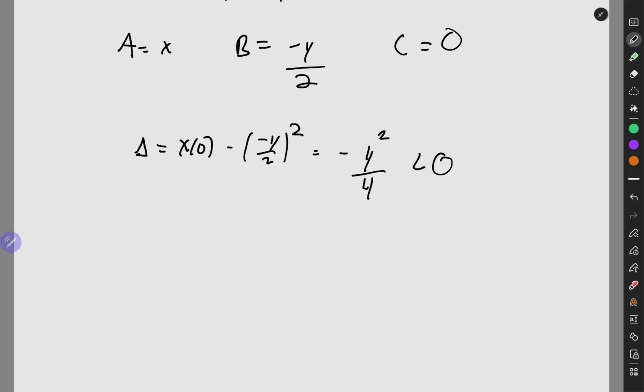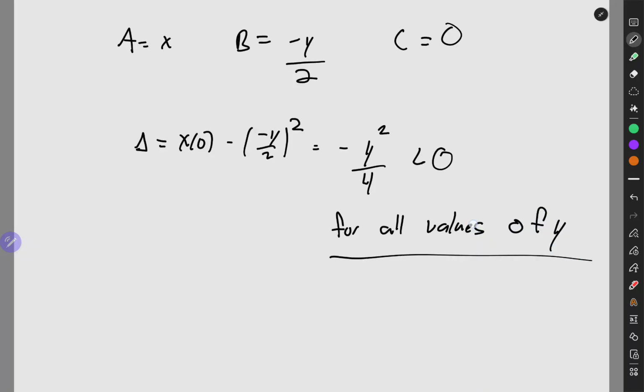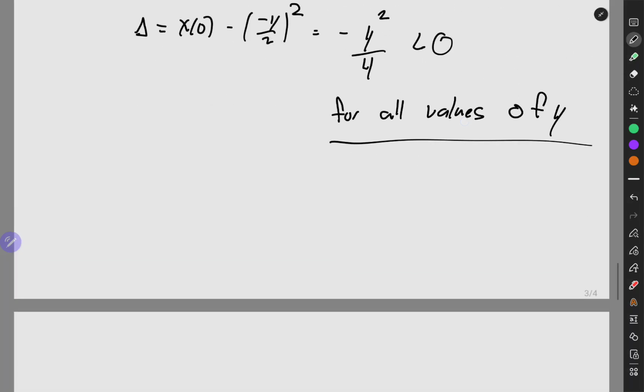So this is a different kind of situation. What we're going to say is for all values of y, because it is squared, this PDE is hyperbolic.